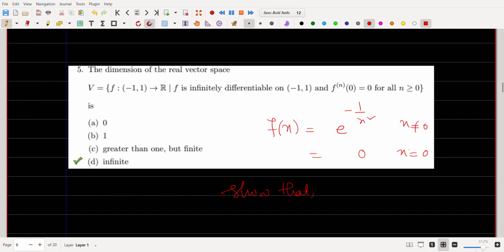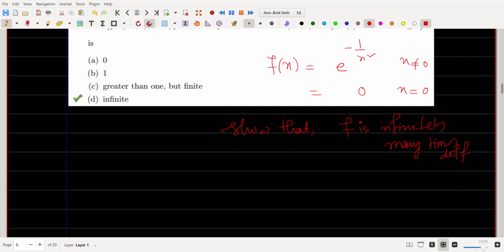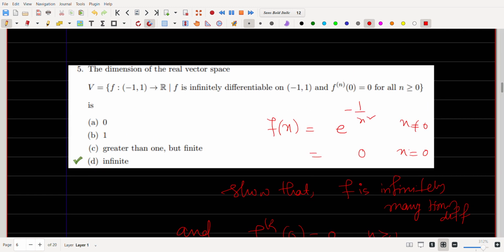Show that f is infinitely many times differentiable, and this is a very nice counterexample, and any derivative is 0. This satisfies this condition.